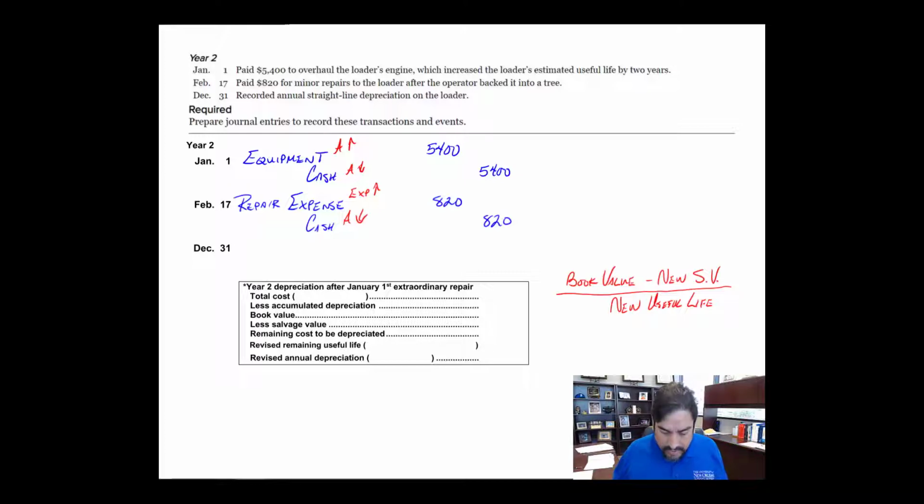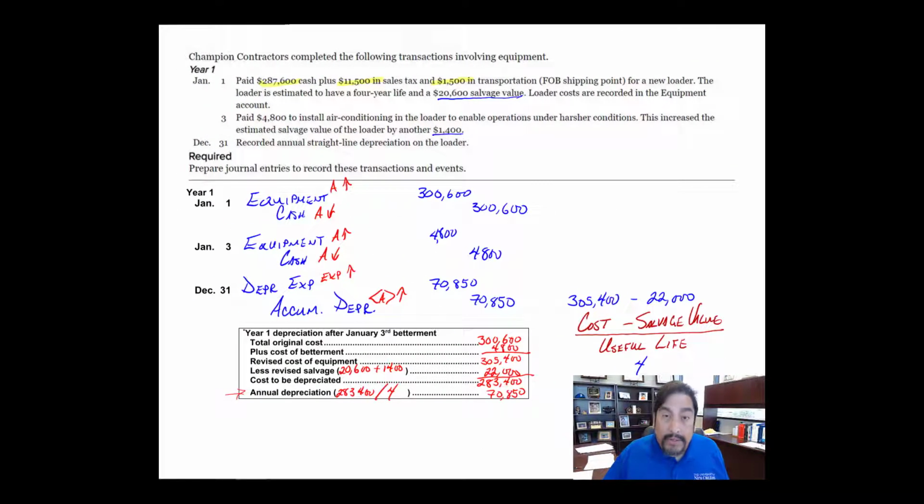Very similar to the formula that we used here.